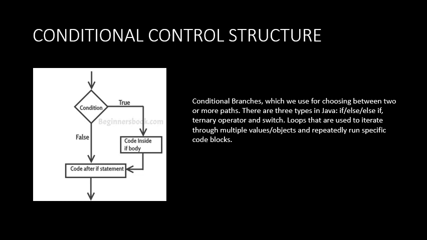So these are the conditional branches which we use for choosing between two or more paths. They are of types like if, else if, ternary operators, and switches. If we are choosing from one or more options, that is known as the conditional control structure. According to whichever condition is true, we will do that particular task.